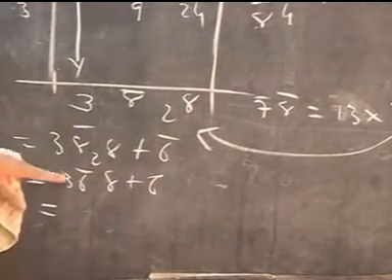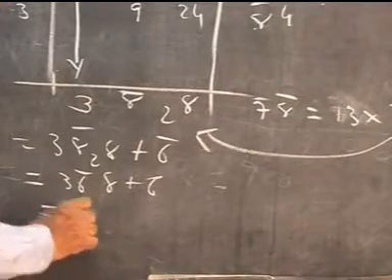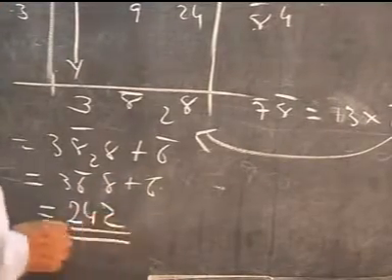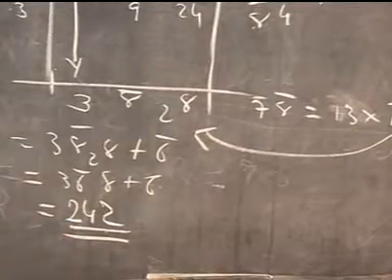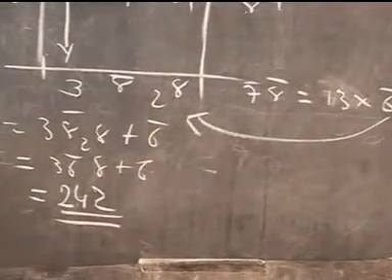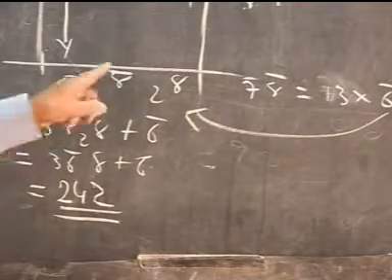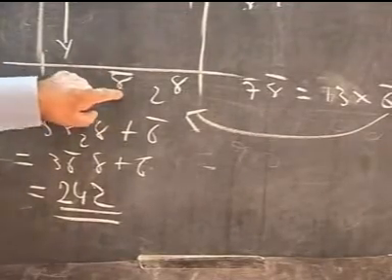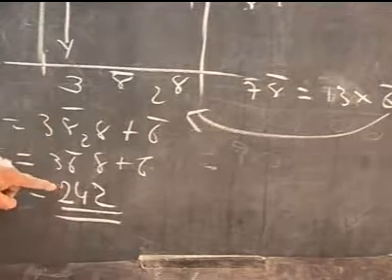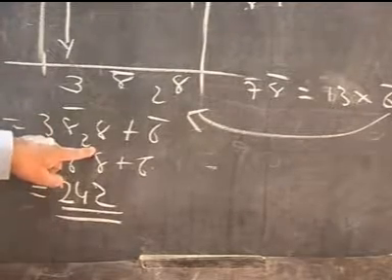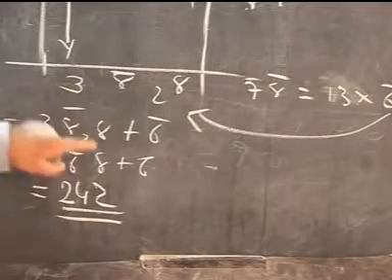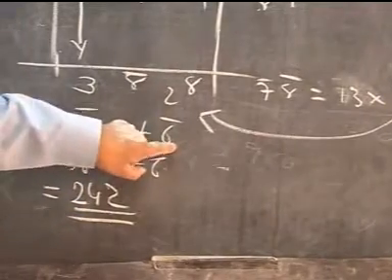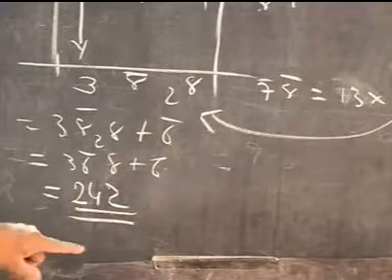By our rule, here is 2, this is 4, and 8 minus 6 is 2. This is the answer. Do you understand it? How we are doing? This is 8 bar. This means 30 minus 8, obviously, and then add 2. So 30 minus 8 plus 2, 32 minus 8, 24, and this 8 and 6 subtracted, 242.